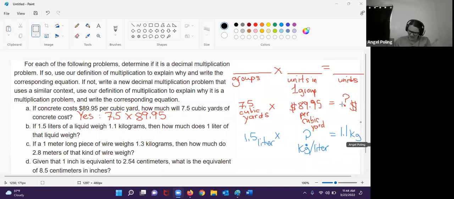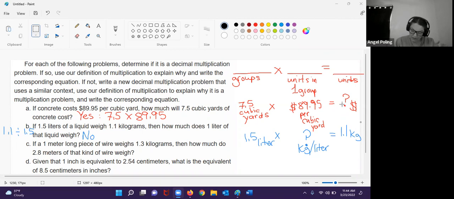So what they're actually asking us here is 1.1 divided by 1.5. That's the question they're asking us here.